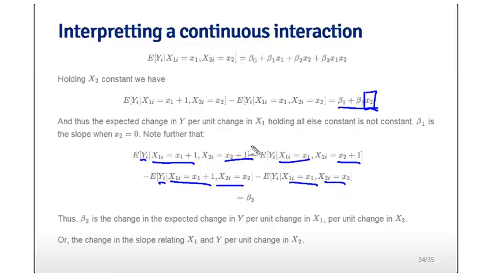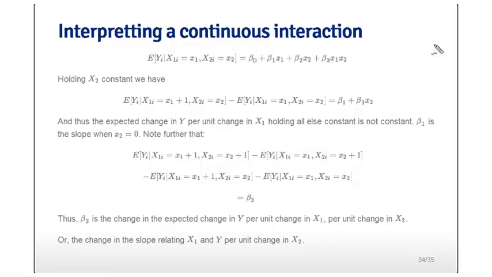This top one is beta 1 plus beta 3 times x2 plus 1, and this bottom one is beta 1 plus beta 3 x2, so if you subtract those two, you just get beta 3. So beta 3 is interpreted as a change in a change. Beta 3 is the change in the expected change per unit x1 per unit change in x2.